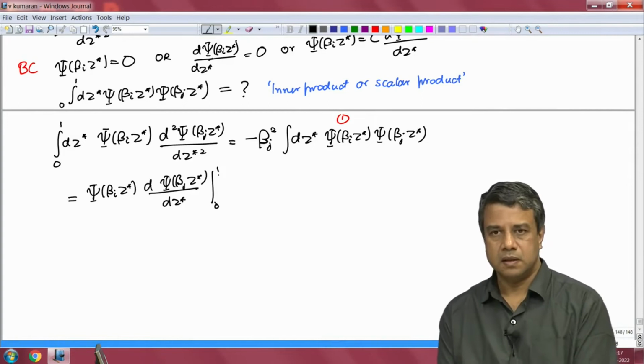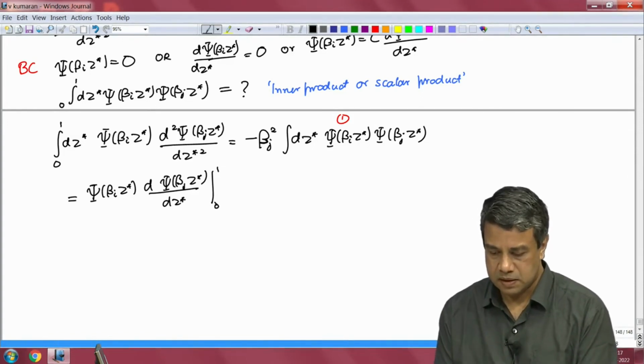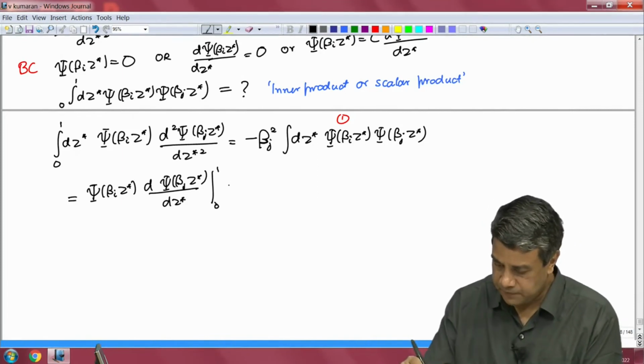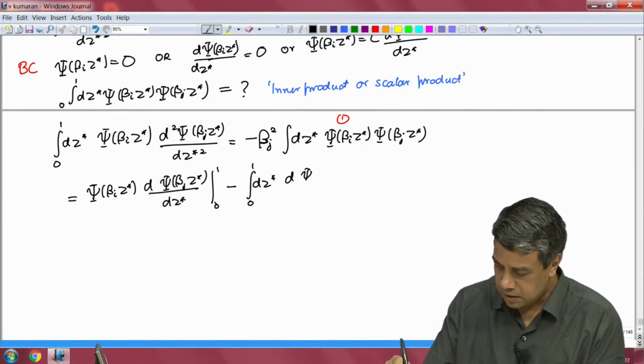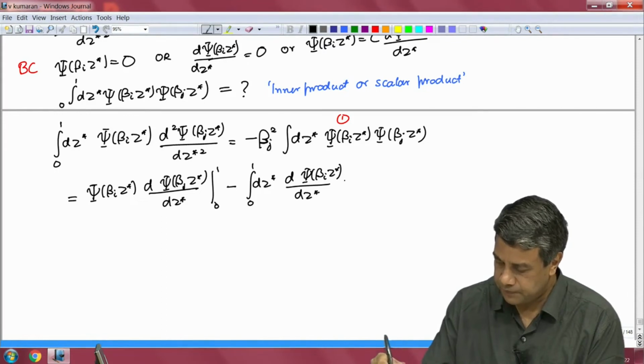Integration by parts: I first write this as this minus the integral 0 to 1 dz star of d psi of beta i z star by dz star.